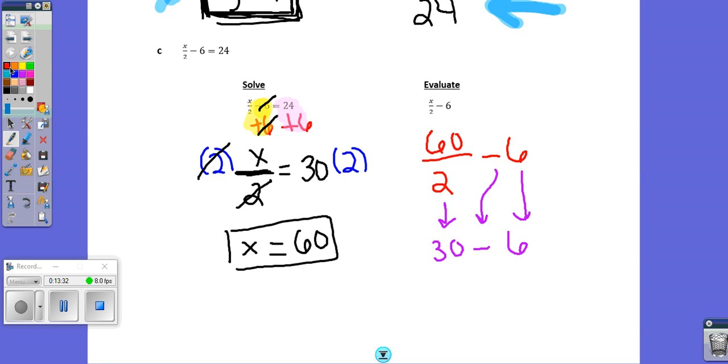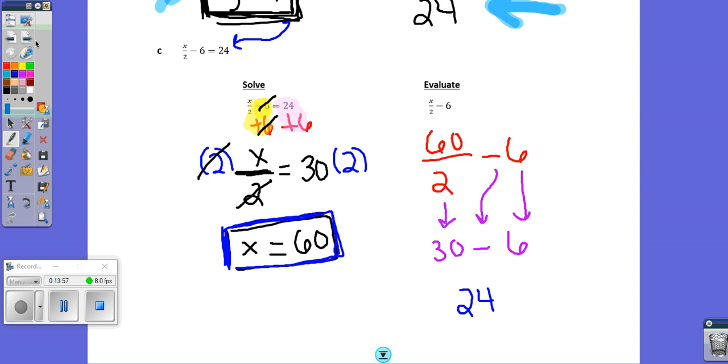Okay, so that's still, I have more work to do here. So 30 minus 6 is equal to 24. So I know that I got the correct answer because that's the number I was supposed to get. So when x is 60, our expression is equal to 24. All right, so final answer, x equals 60.